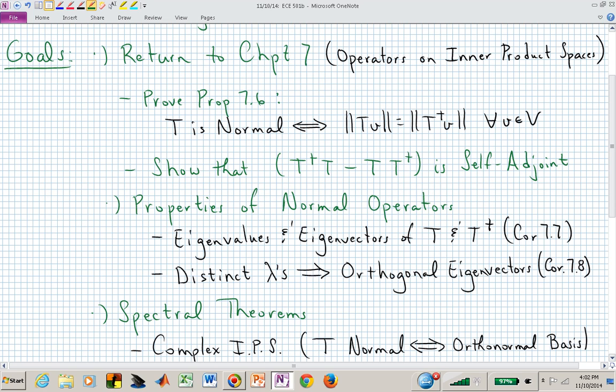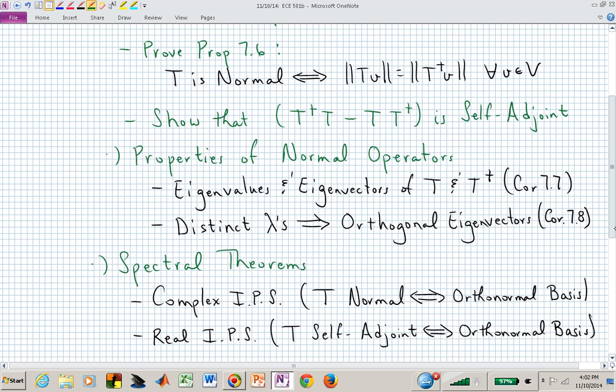The qualities of norms then mean that the operator is normal. We will then look at showing that an operator produced by taking T dagger T minus T dagger, where T dagger is the adjoint, will show that that's self-adjoint as an operator.